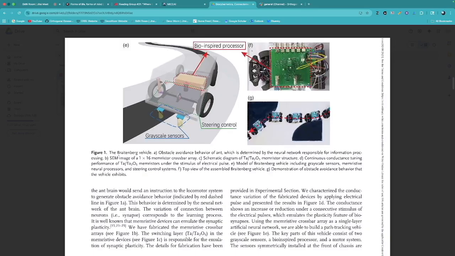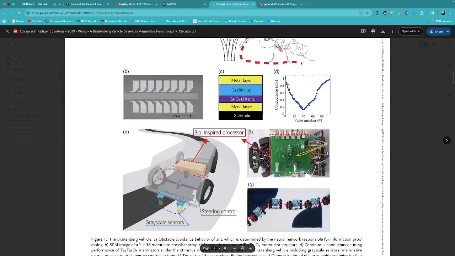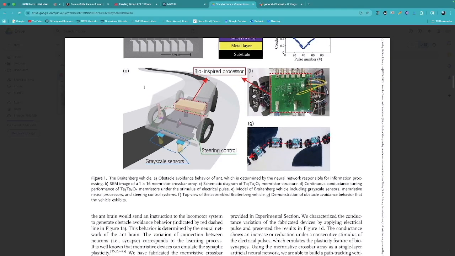Image B is an electron microscopy image of a 1x16 memristor crossbar array. So that's here. This is the hardware that they're using. C is continuous conductance tuning performance on these memristors under the stimulus of electric pulse. And this is the chemistry here, Ta2O5.